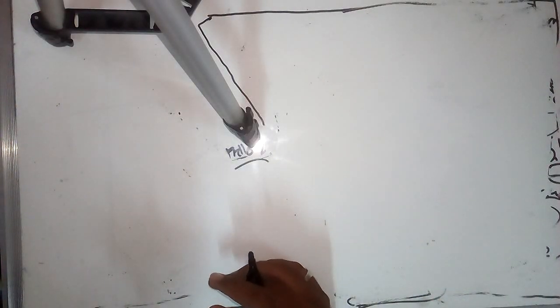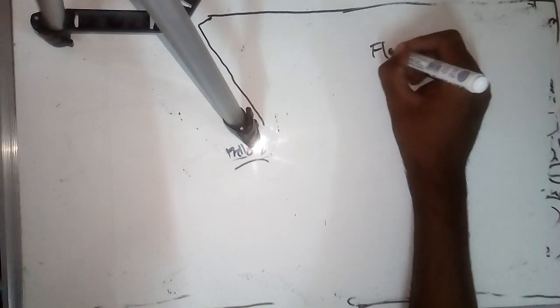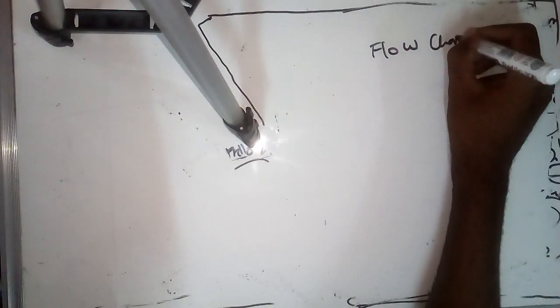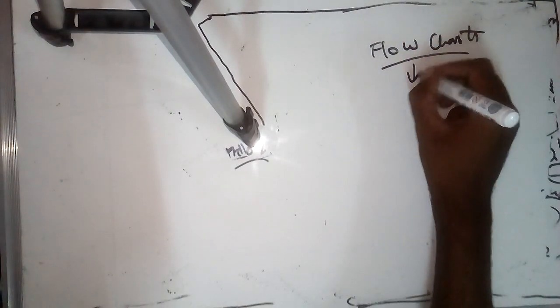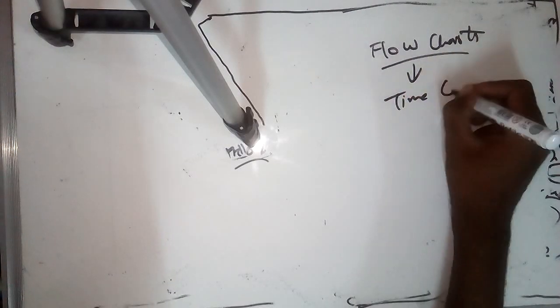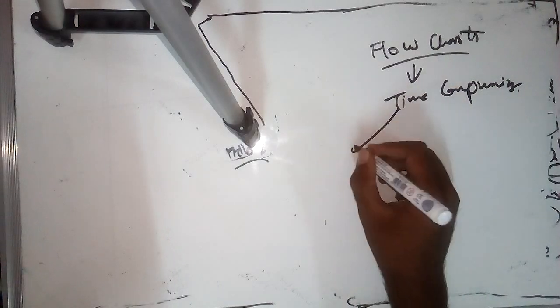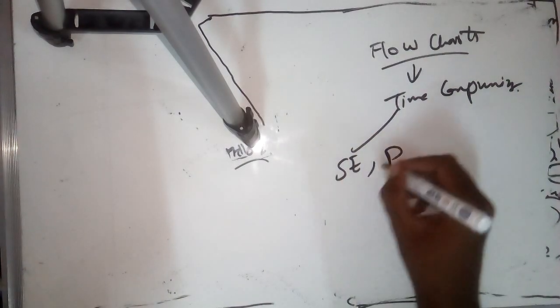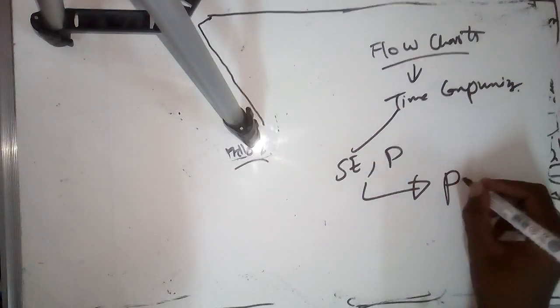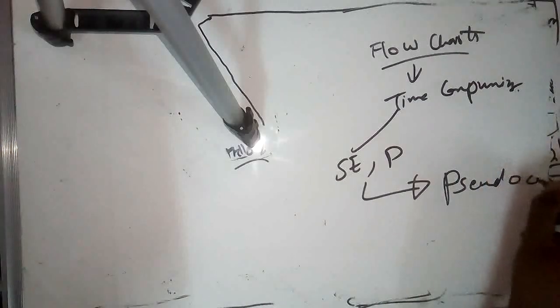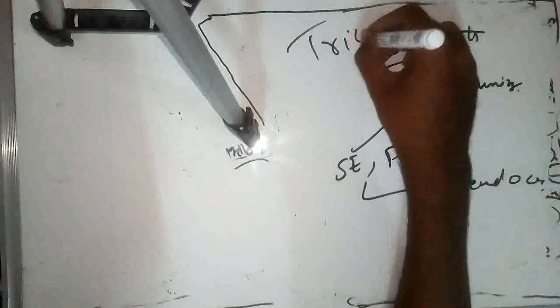Okay, so they have given you one trick about the flowchart. They told that flowcharts are time consuming. That's why software engineers or programmers prefer writing pseudocode. So this is a trick, really.